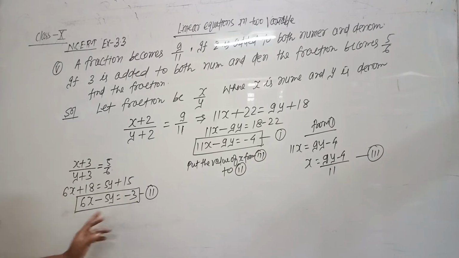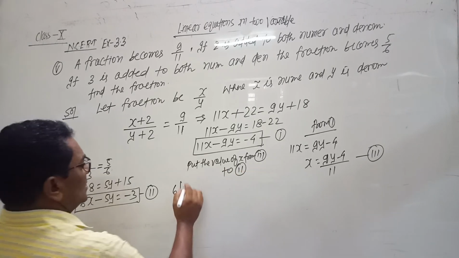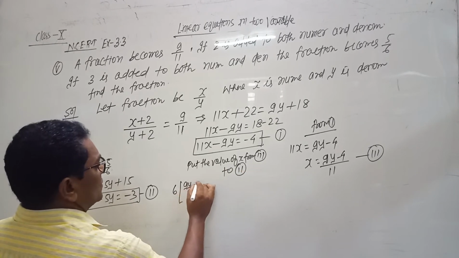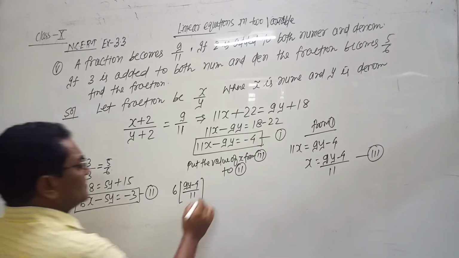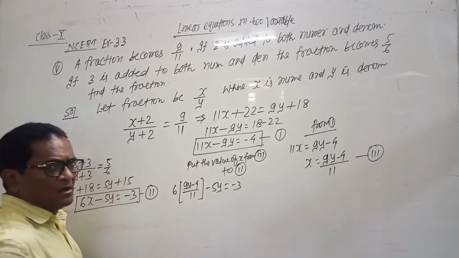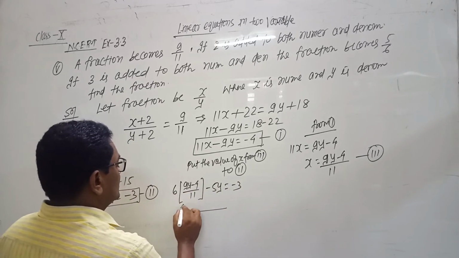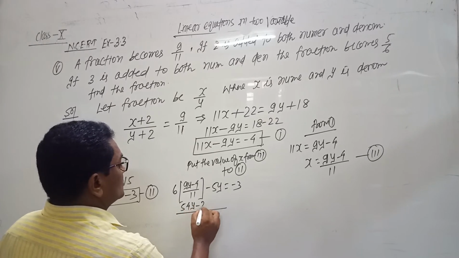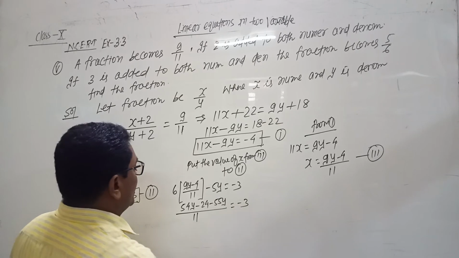from the third into the second. So 6 into the value of x, 9y minus 4 upon 11, minus 5y equals minus 3. We take LCM 11: 9 into 6 is 54y minus 24 minus 55y equals minus 3.